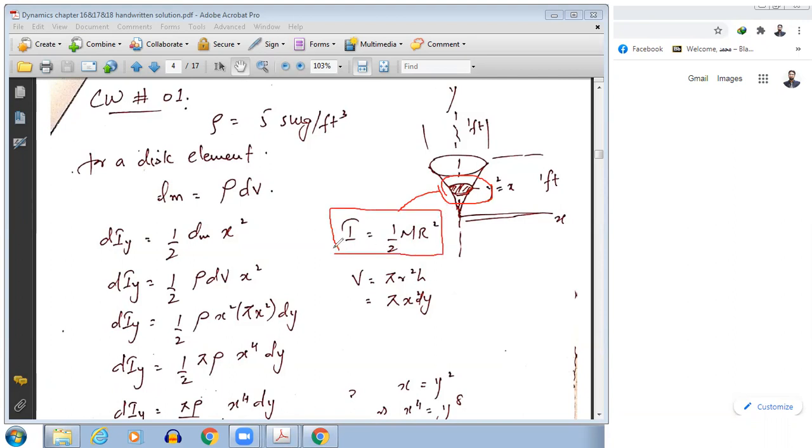This is for the disk element. Now we need to find I using this disk element in the differential format while integrating it over the entire body. So first we write it in the differential format. This is the same formula written in the differential format. Then we substitute the value of the volume for this disk element, and integrate it over the entire length.